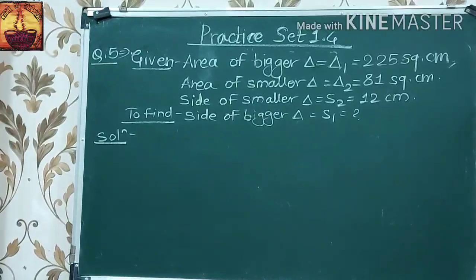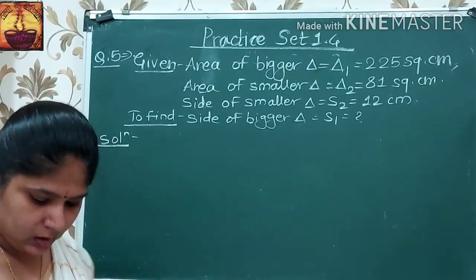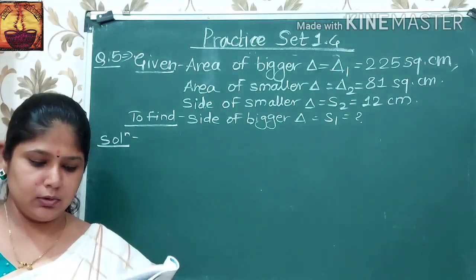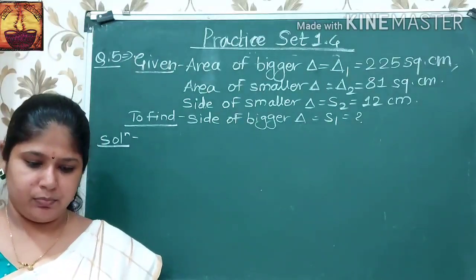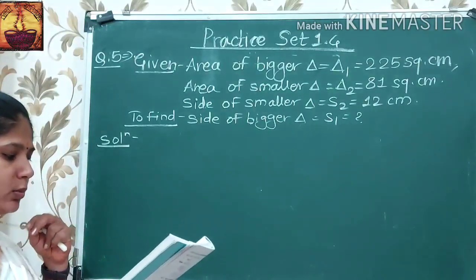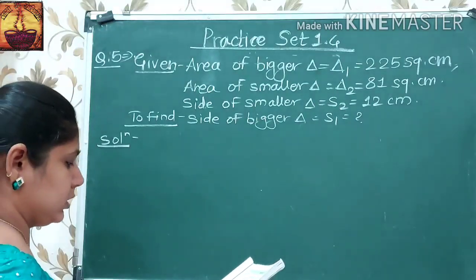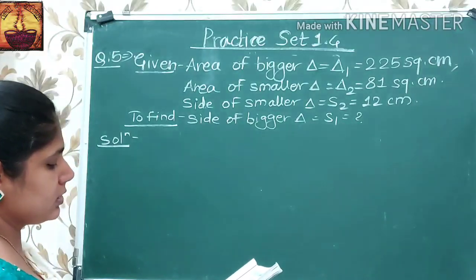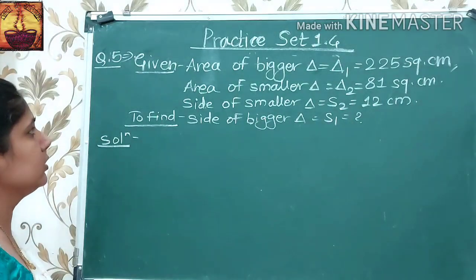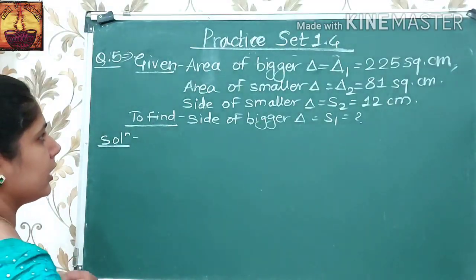Now, fifth question is, areas of two similar triangles are 225 square centimeter and 81 square centimeter. If a side of the smaller triangle is 12 centimeter, then find the corresponding side of the bigger triangle. We have given the area of the bigger triangle.